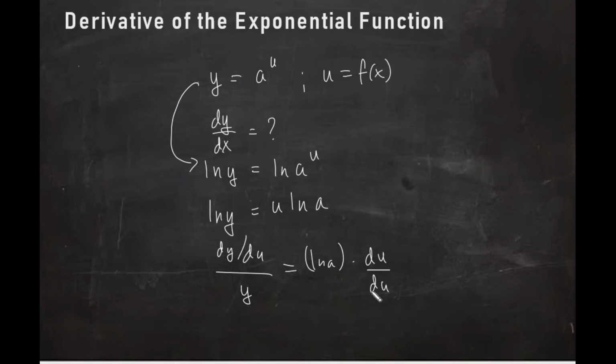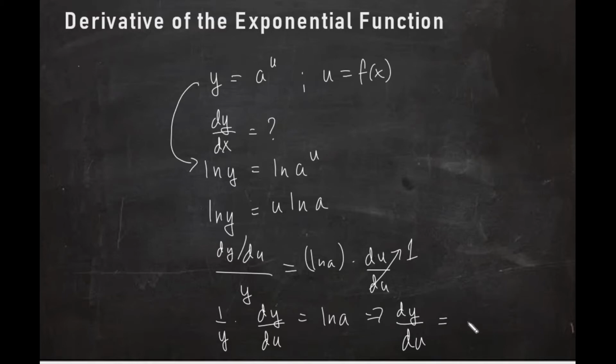If we simplify, we arrive at 1 over y times the derivative of y with respect to u is equal to 1 times ln a. So the derivative of y with respect to u is equal to y times ln a.